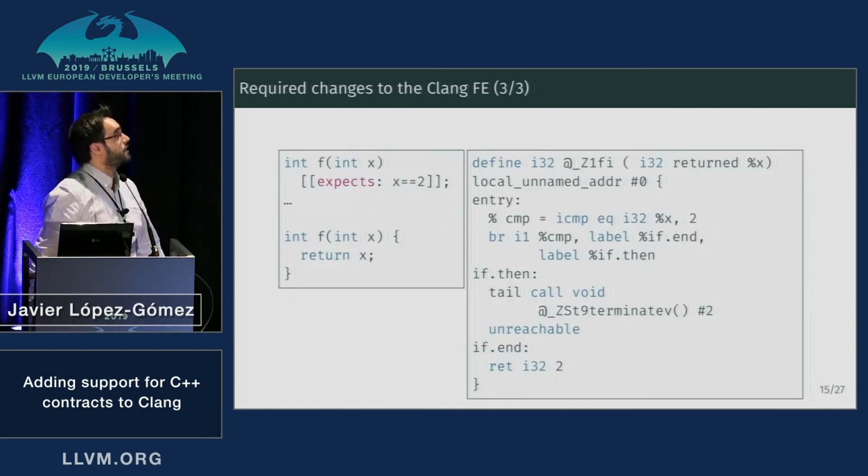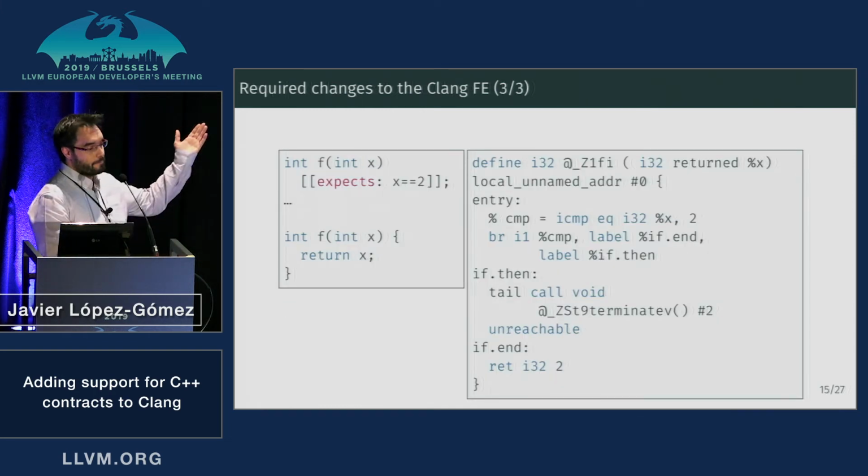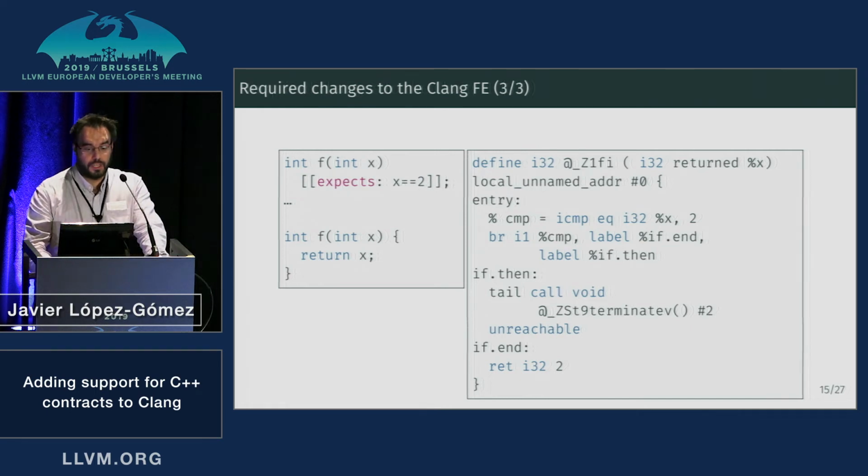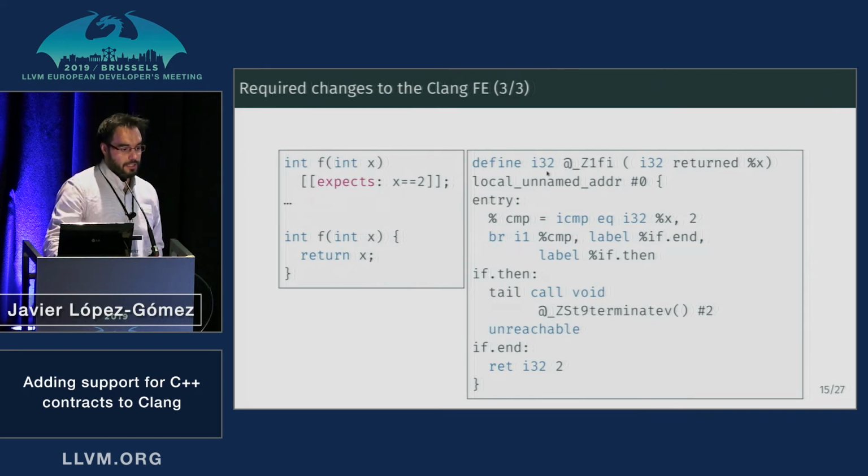So this is an example of how this works. You can see a function f, which is annotated on a header with a precondition. And you can see the actual implementation here. It's a simple function, but you can write complex things. So this is the actual IR generated code.